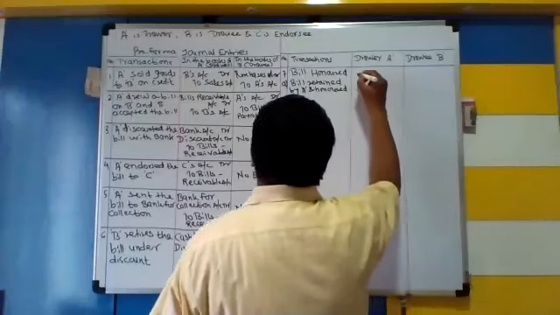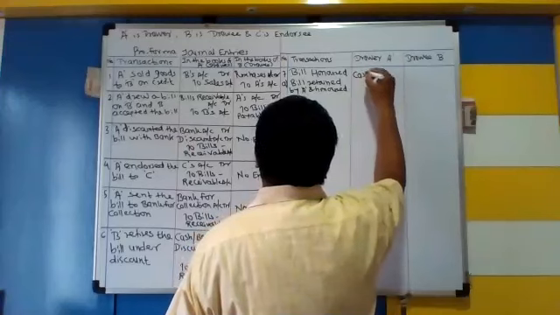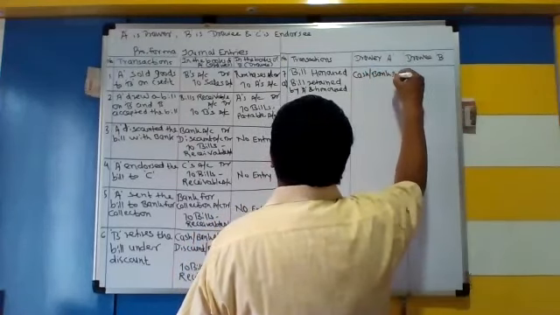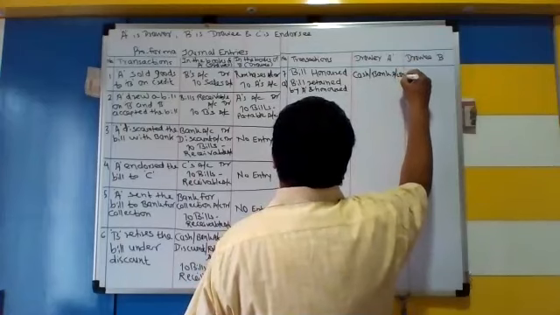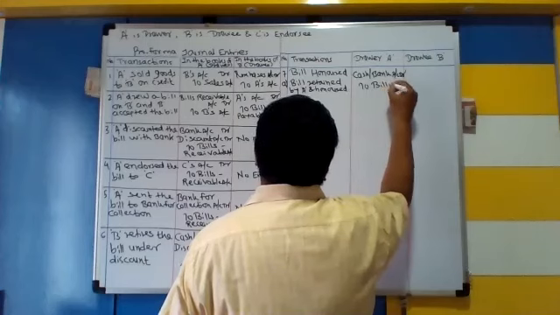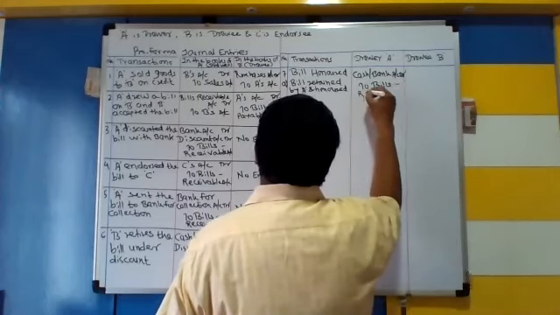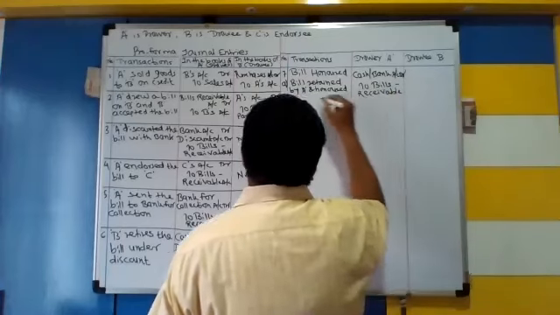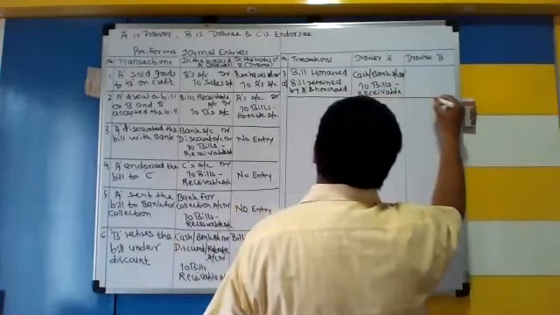Okay. So in this case, A is getting the money. So entry for that, cash or bank account debit to bills receivable account. So A is getting the money against the bills receivable.